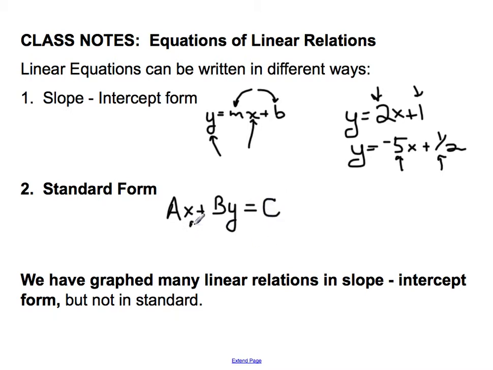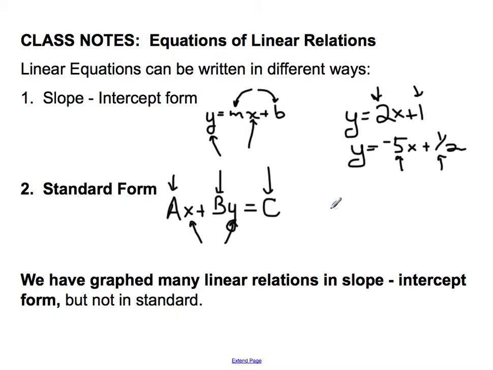Again, we still have an x and we still have a y, so those are still your independent and dependent variables. They can be t and d, they can be anything, but you do need to have some sort of variable in there. Now, in standard form, capital A, capital B, and capital C are your parameters.